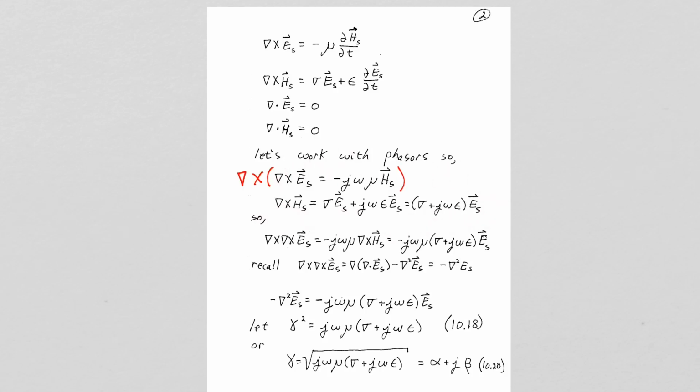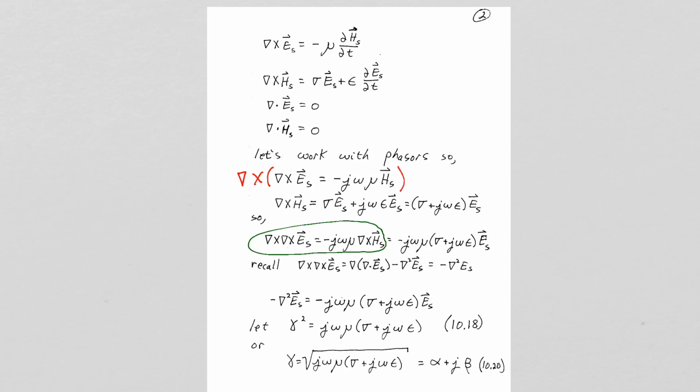Let's take the curl of both sides of this equation, which will give us this equation right here, and then we're going to substitute for the curl of H this term right here.